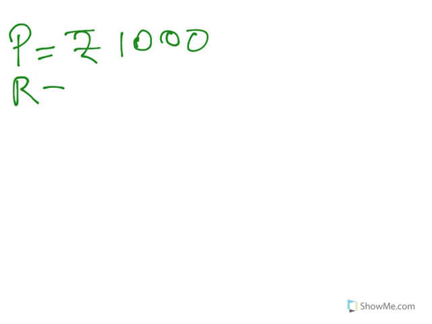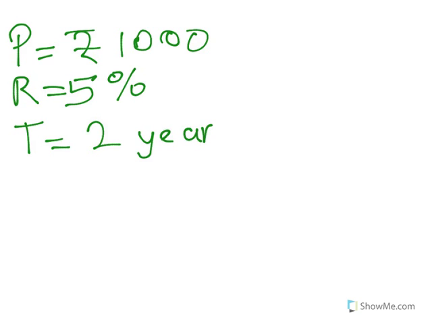I've been given that principal is, let's say, rupees 1,000. Rate is 5%, and time is 2 years. So how you'd start off solving this is, I'd say year 1, and I'd start solving.